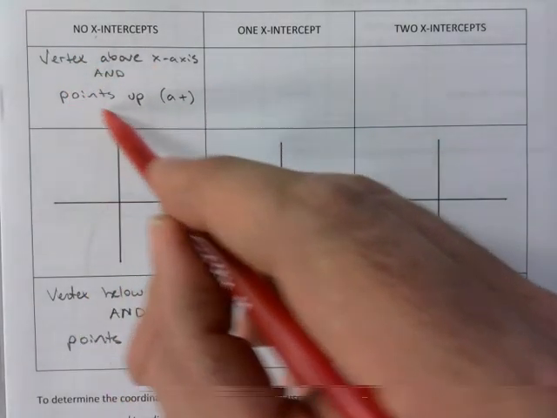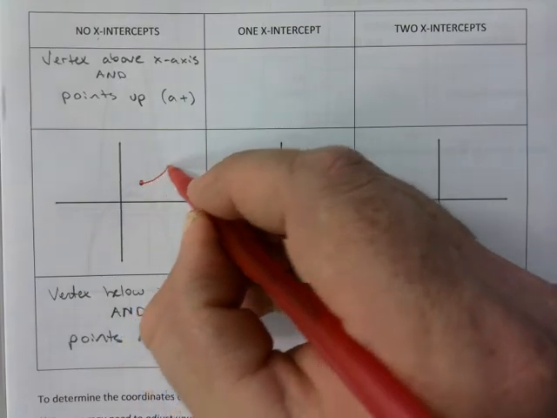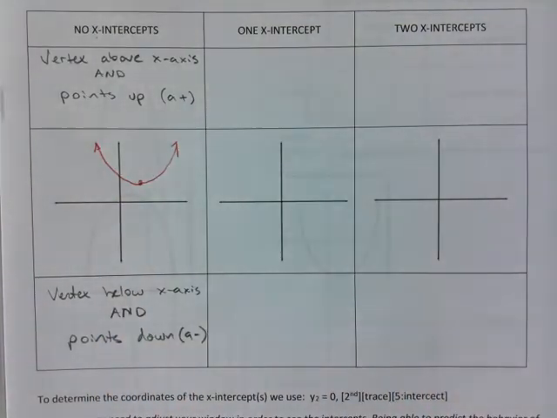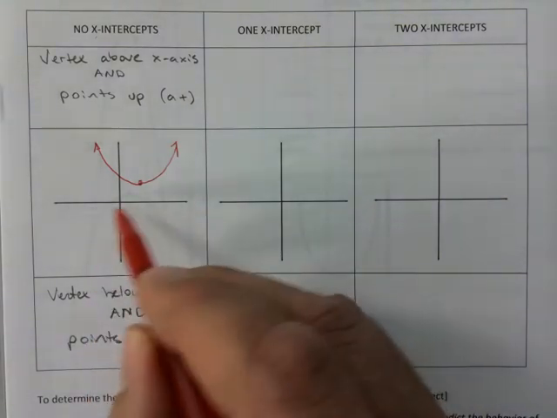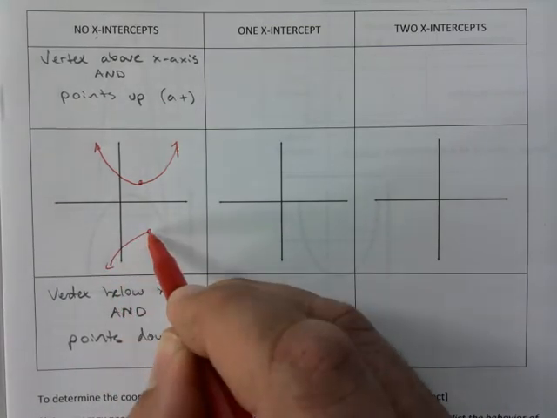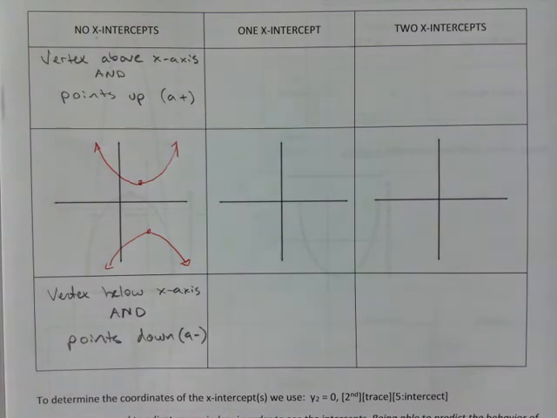So let's do a graph for this scenario. The vertex is above the x-axis and it points up. Or the vertex is somewhere below the x-axis and it points down. You can clearly tell no go, right? No x-intercepts ever. It's not going to happen.